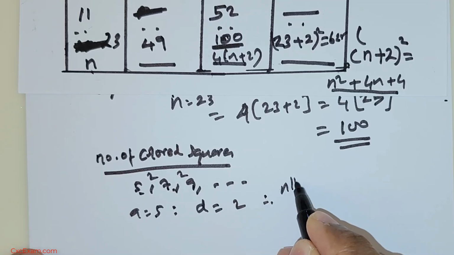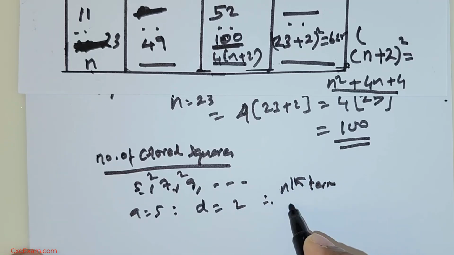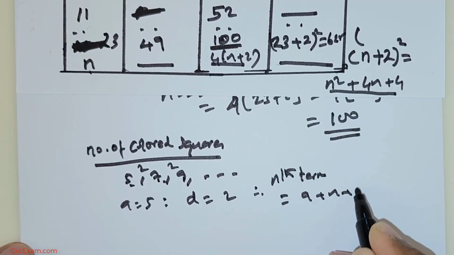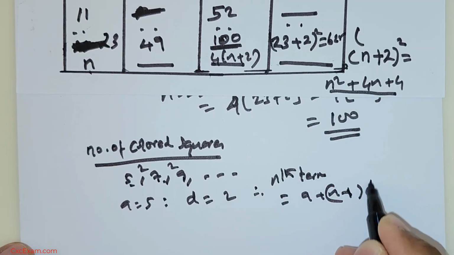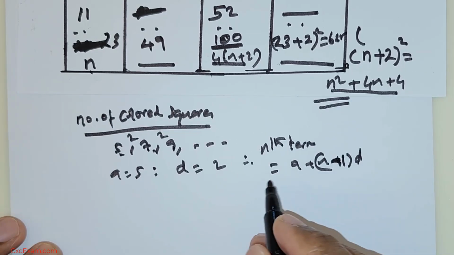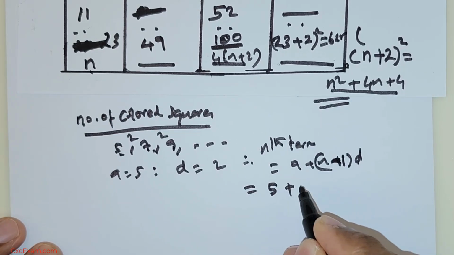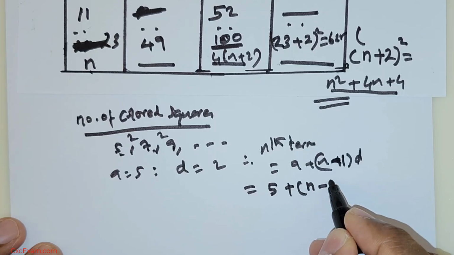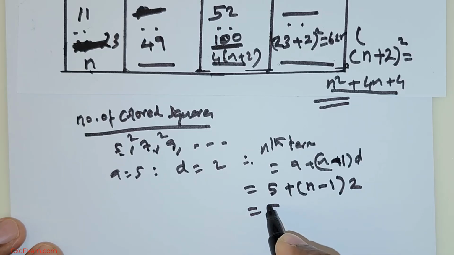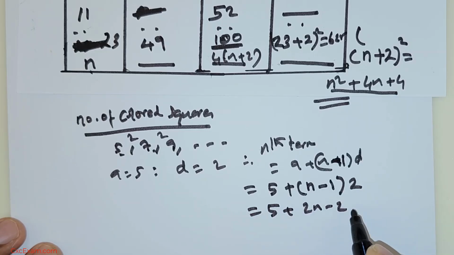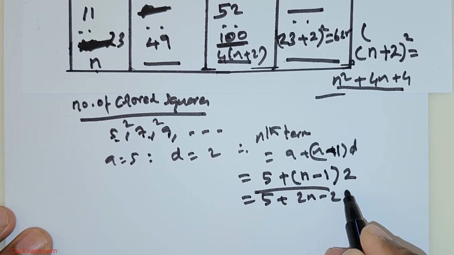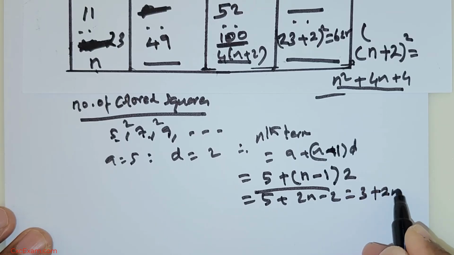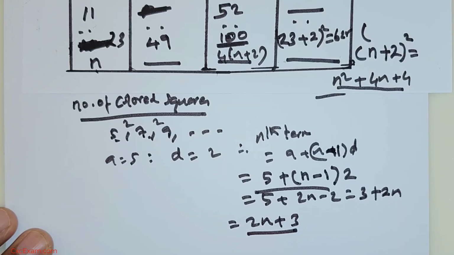So therefore the nth term is given as a plus n minus 1 multiplied with d. First term is 5 and n, you retain n as it is. So it's going to be n minus 1 times d, which is 2. So you expand this, you get 2n minus 2. You add negative 2 with 5, you get 3 plus 2n. You can rewrite this as 2n plus 3.